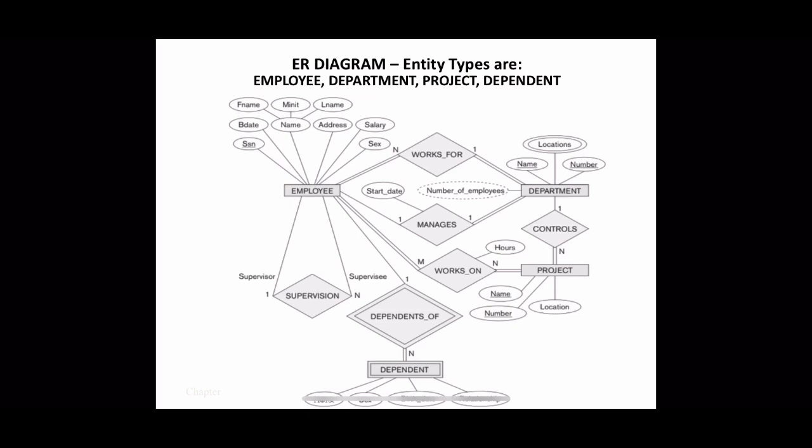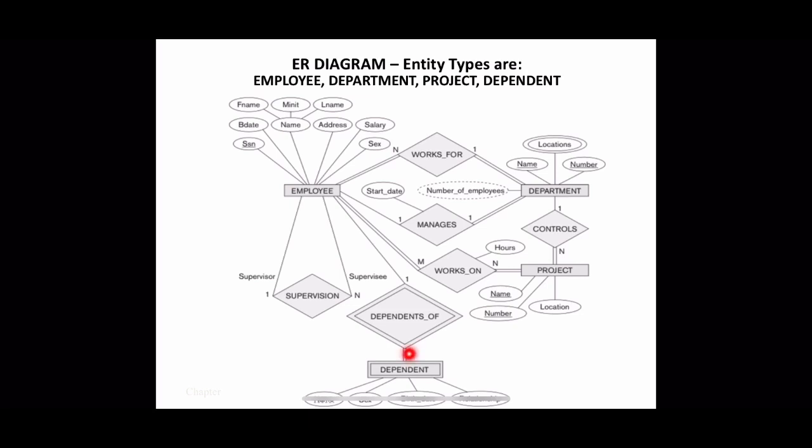For example, the age of a person. If we know the birth date of a person, we can easily calculate the age using the system's date, like the current date, right? So we can call age a derived attribute. Here also we are using number of employees as a derived attribute, because this can be derived by counting the number of employees related to that department.